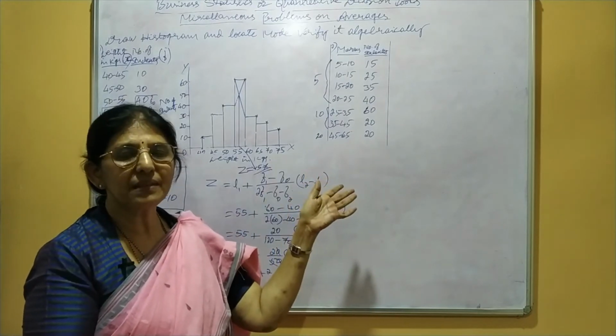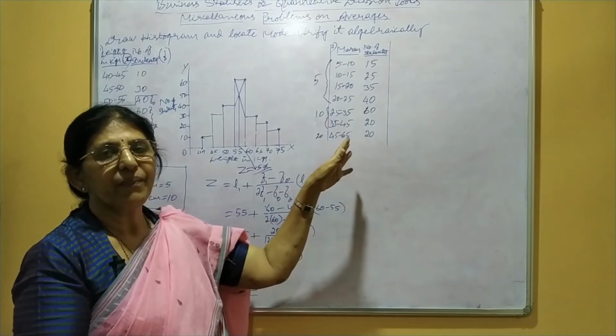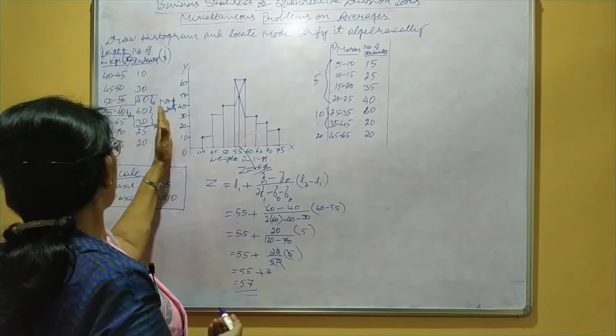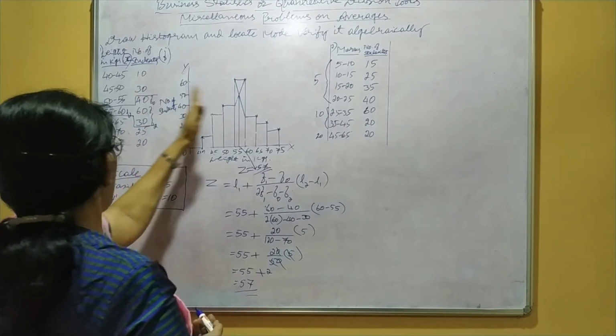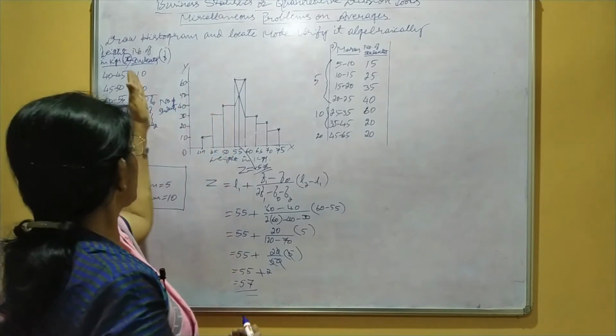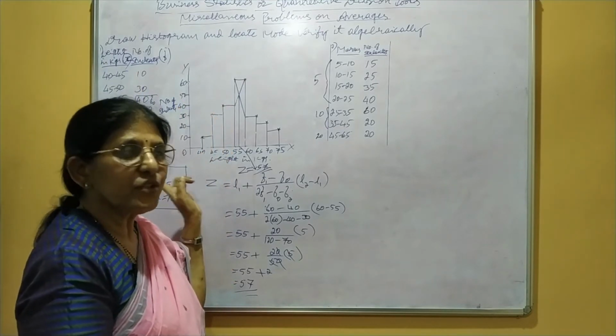Another method is we have to calculate the height. In the first method problem, the height of the histogram is taken, meaning rectangles are taken proportionate to frequency, because the class interval is common.